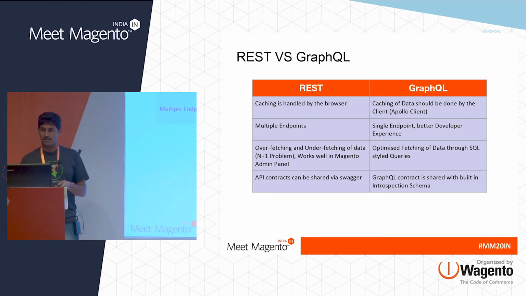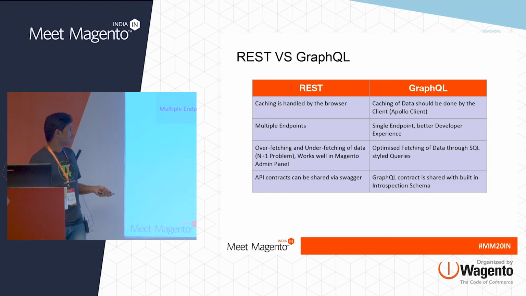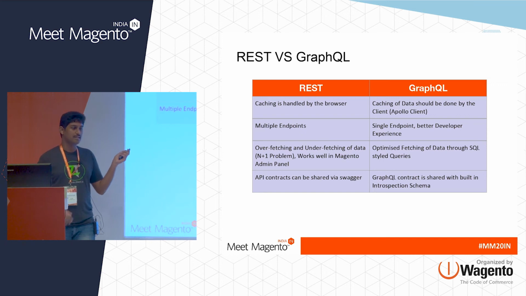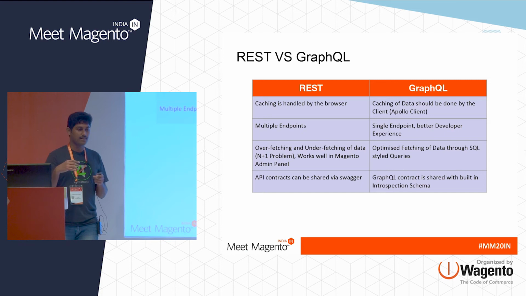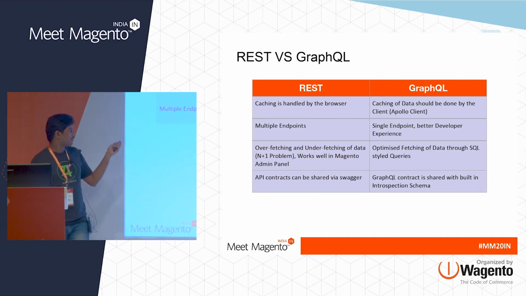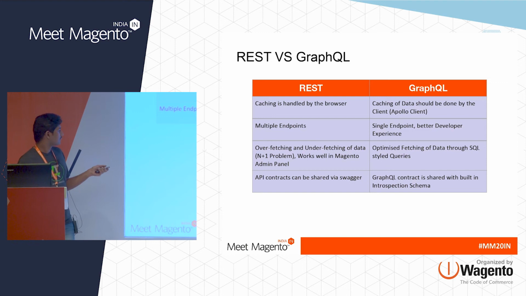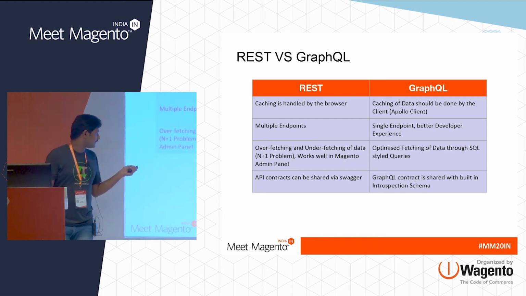With GraphQL, you have to educate them to use your caching strategy, but they have the advantage that they know the API very well, see the introspection schema, and can learn from it. But in REST, you have to teach them all the APIs and give them the documentation.